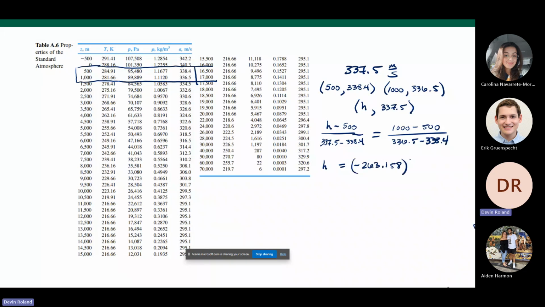That will be multiplied by this, and then add 500.